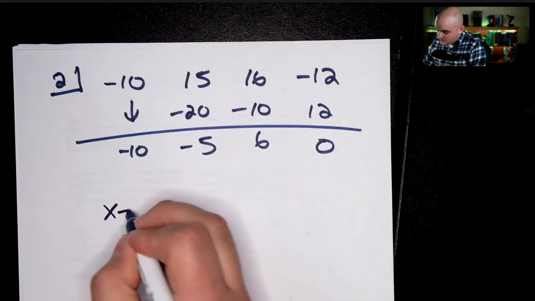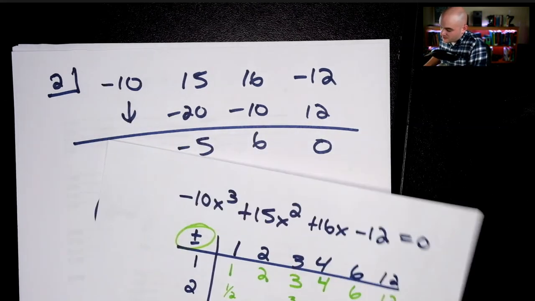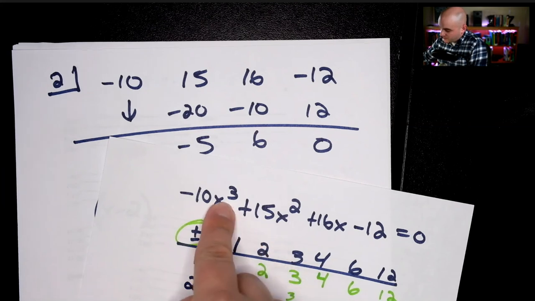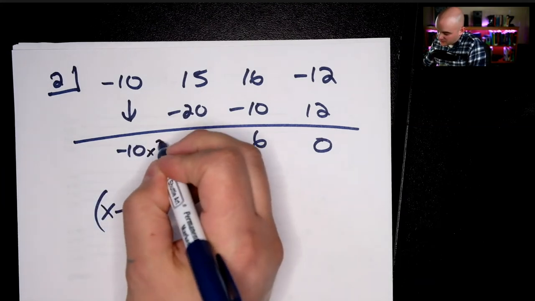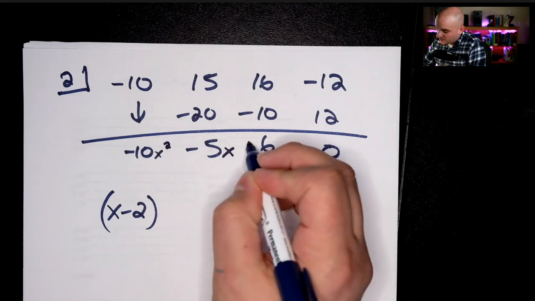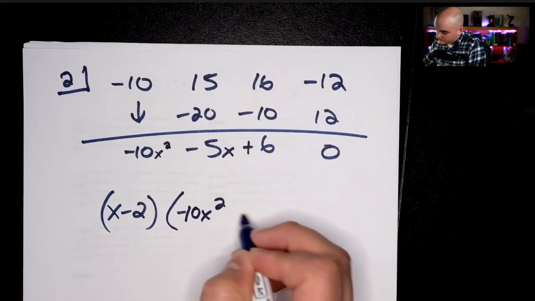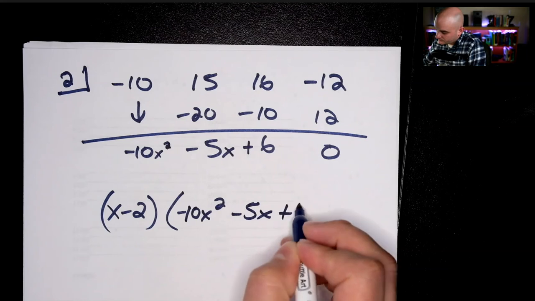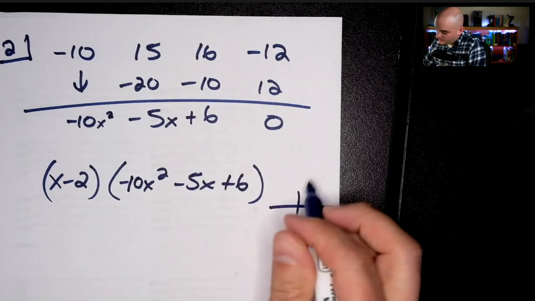So x minus 2 is a factor. All right. And then our degree originally was x cubed. That's what we started with. So what's left over is going to be x squared, 1 degree less, and then x, and then plus 6. Now, does this factor?